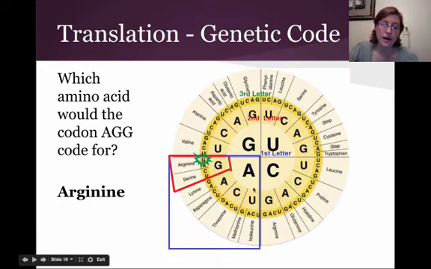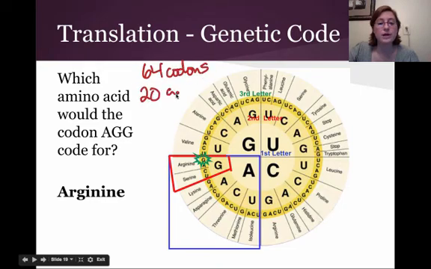For example, AUG will code for just one. So we have 64 different possible codons, okay? So 64 codons, and there are 20 different amino acids. All right, so that explains why more than one codon can code for the same amino acid.